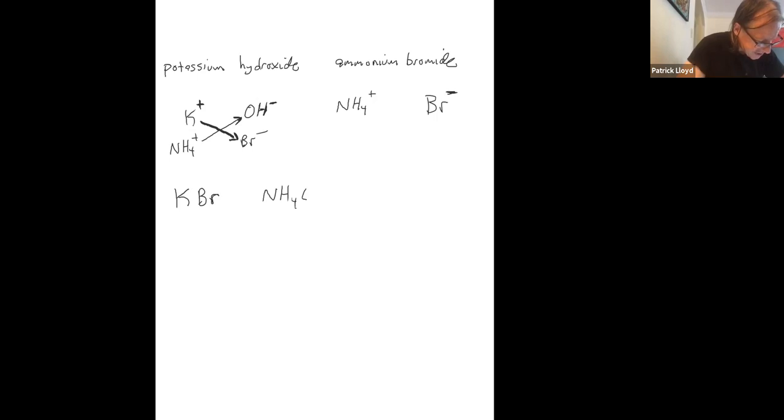Now this is an interesting compound, right? There's no metal in that one. Ammonium is not a metal. Nitrogen's not a metal, hydrogen's not a metal, oxygen's not a metal. So this is an example of an ionic compound without metals. Ammonium is a very interesting substance.